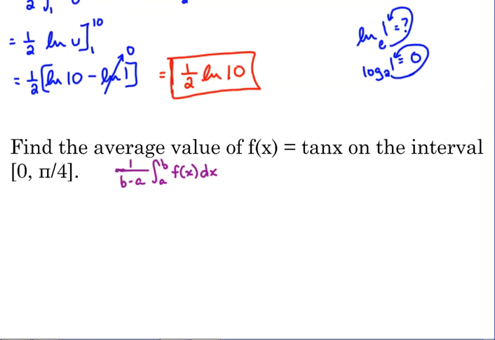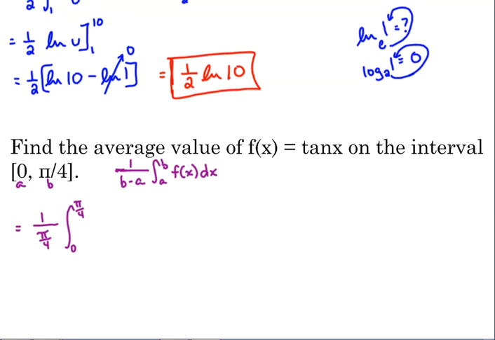Automatic there. So in this case, b minus a, pi over 4 minus 0, just leaves us with pi over 4. We'll flip that here in a minute. From a to b, so from 0 to pi over 4. Label it if you have to.